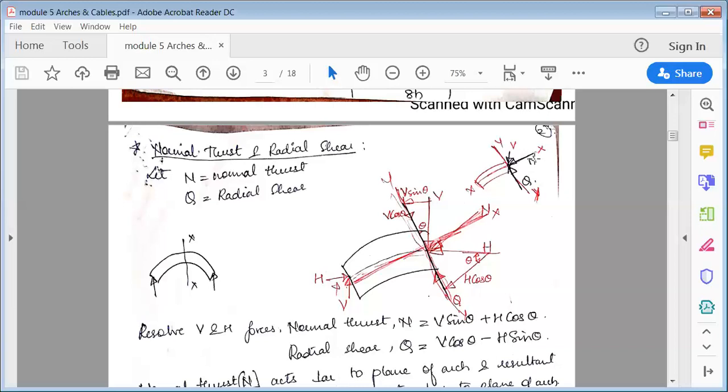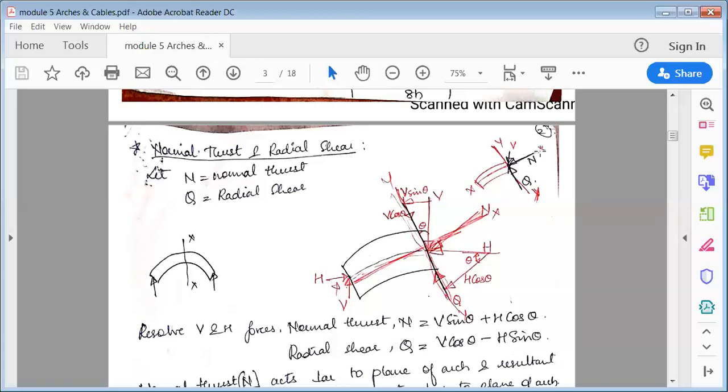So see here, remember, normal thrust is nothing but the force which is acting perpendicular to the surface. Wherever I cut the surface, see here, I've cut the surface here. So normal will always act perpendicular to the cut surface, and radial shear will always act parallel to the cut surface.